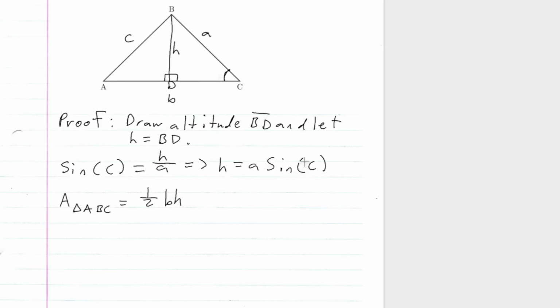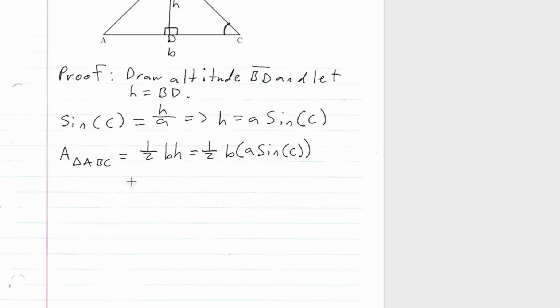But now we have a different form for our height. So this is equal to 1/2 base times a sine C. Or we can rewrite this as the area of triangle ABC is equal to 1/2 ab sine of C.